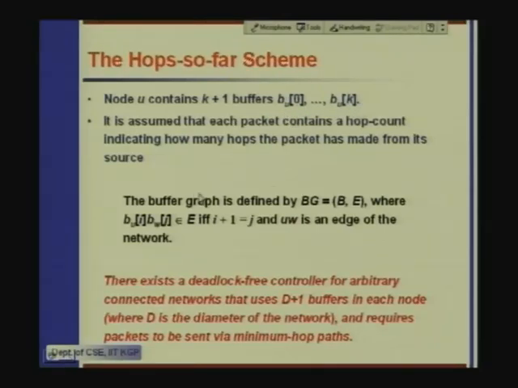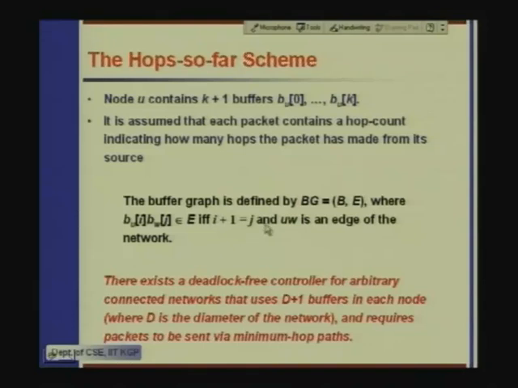It is assumed that each packet contains a hop count indicating how many hops the packet has made from its source. So, with every hop that the packet makes, its hop count increases. The buffer graph is defined by the graph Bg equal to (B, E), where B is the set of buffers on all the nodes and E is the set of edges, where (BUi, BWj) belongs to E if i plus 1 equals j and UW is an edge of the network.